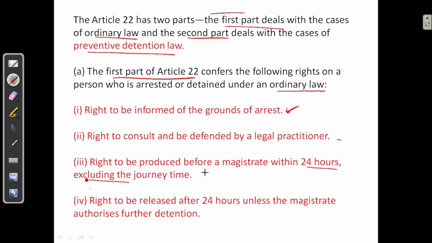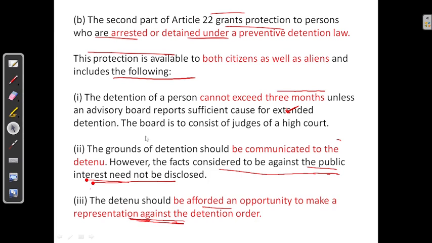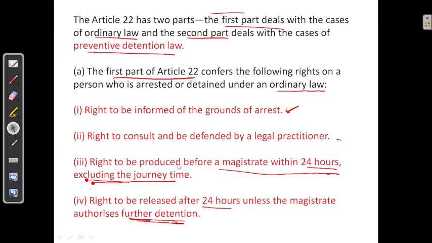Next, right to be released after 24 hours unless the magistrate authorizes further detention. If further detention is authorized by the magistrate, then he stays more than 24 hours. If not, he should be released after 24 hours. These are the rights of a person who is arrested under ordinary law.